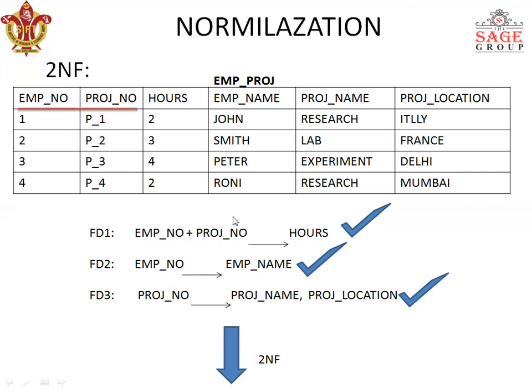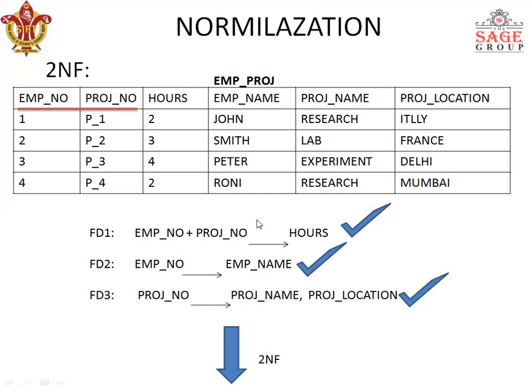This means if we remove one portion of the primary key and the dependency still exists, then it is not a fully functional dependency, because the second normal form property says that attributes should be fully functionally dependent. If the dependency still holds after removal, that is a partial functional dependency.